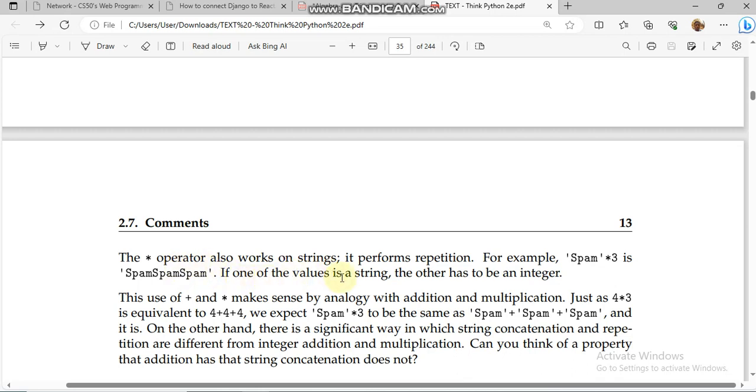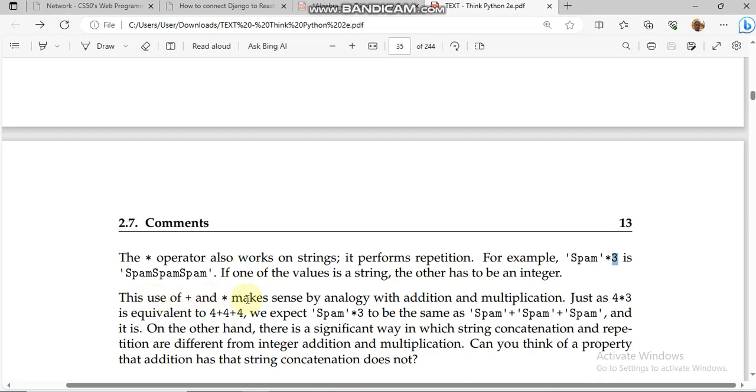So if one of the values is a string, the other has to be an integer. It's not going to concatenate, it's just going to take this string and multiply it by 3. But there's an exception. The second value has to be an integer for this to work. If this second value is not an integer, if it is a string, it will also return an error.